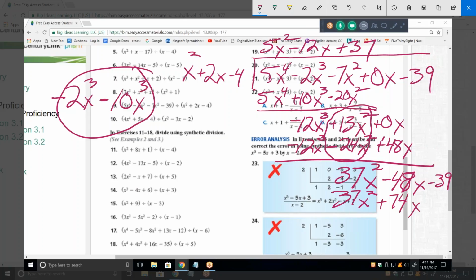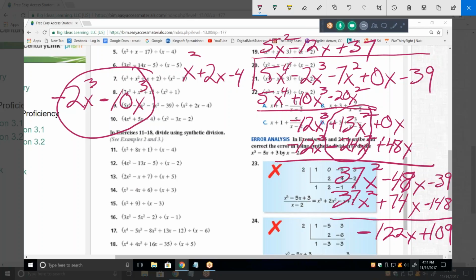Minus 148. Now, the numbers here aren't important. What is important is knowing what to do with this remainder. When you do this last subtraction, you get minus 122x plus 109, I think.